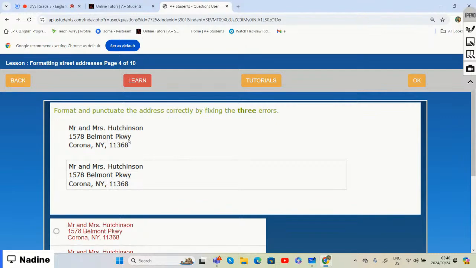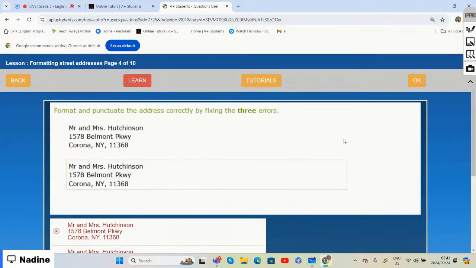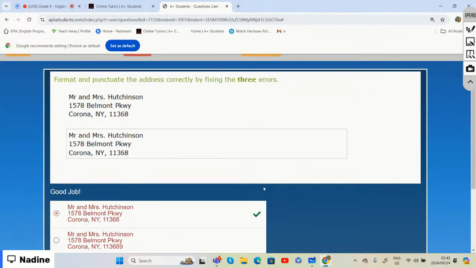The second one, after PKWY, there needs to be a period at the end of that word. And then there should be no comma after the state. Right? So that is our three errors. And if we were to choose the correct option, I think we'll go with the first one again because, once again, the zip code has an extra number. So the first one is correct.